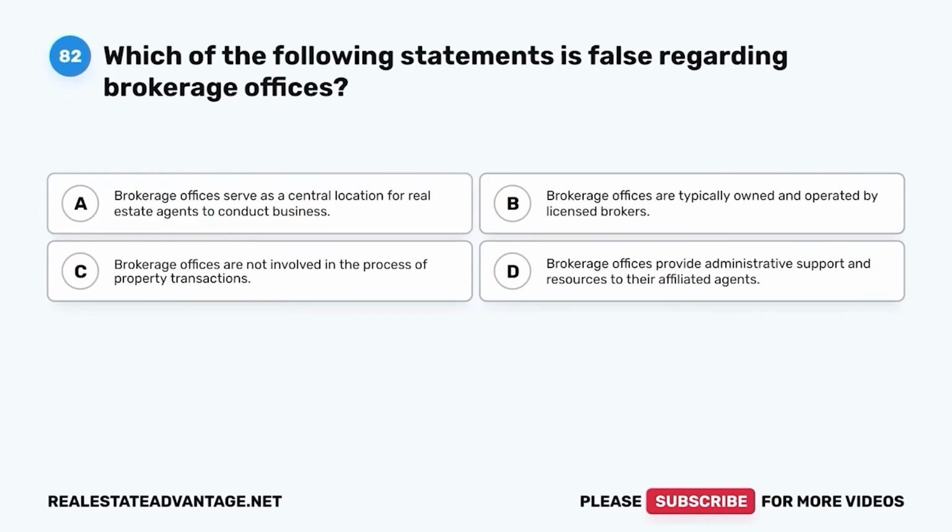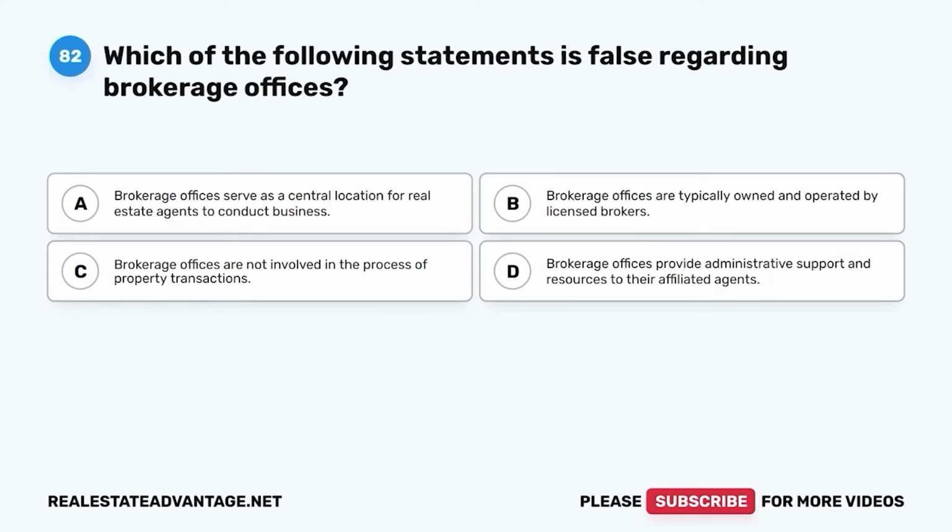Question 82. Which of the following statements is false regarding brokerage offices? A. Brokerage offices serve as a central location for real estate agents to conduct business. B. Brokerage offices are typically owned and operated by licensed brokers. C. Brokerage offices are not involved in the process of property transactions.